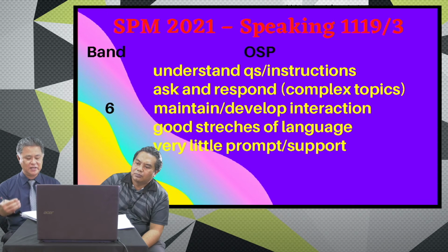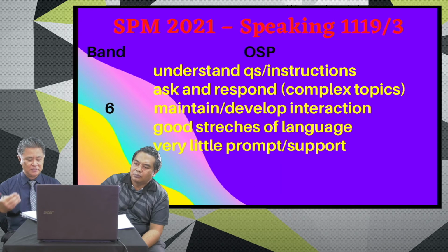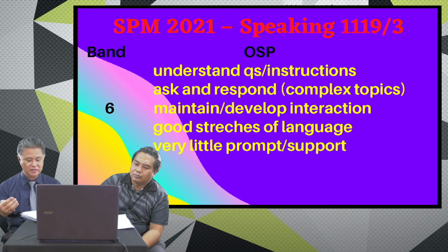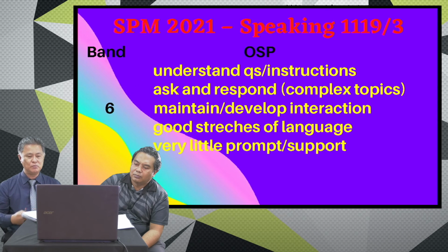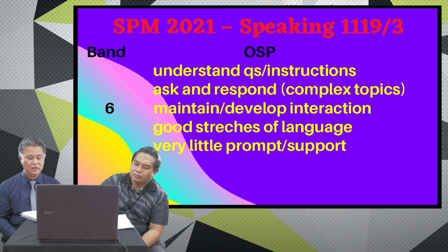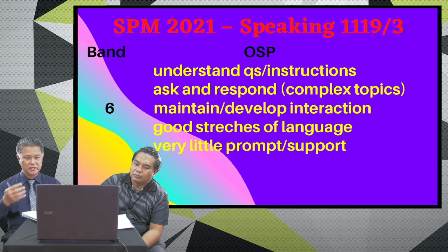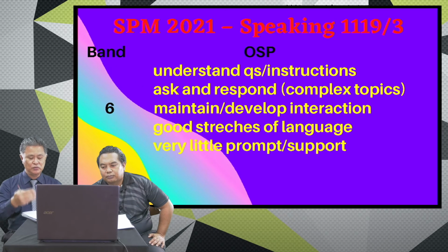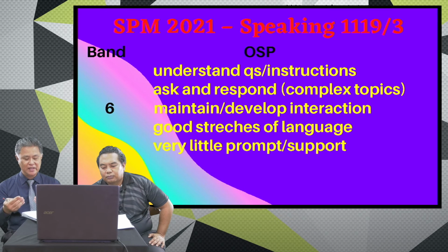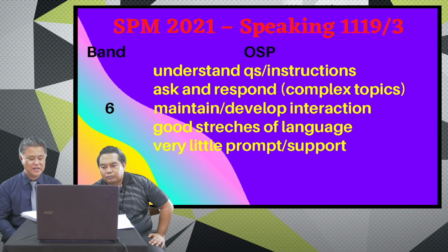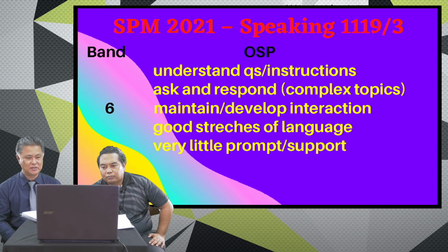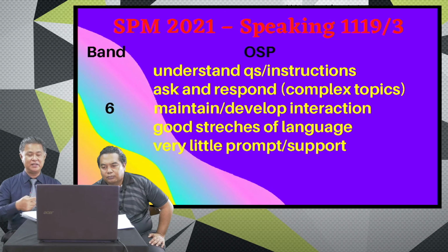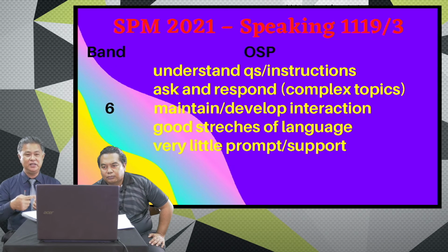They can maintain and develop interaction with good stretches of language with very little prompts and support. The key points here are that they can go for complex topics, produce good stretches of language, and need only very little prompts and support. That is for the highest band, awarded by the OSP or by the interlocutor.